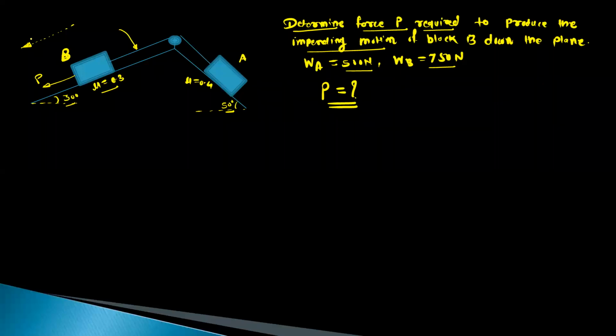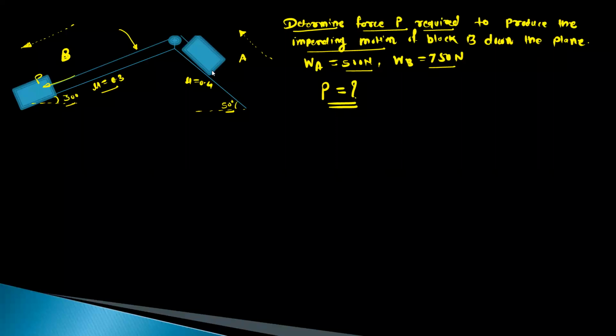If you want to produce this impending motion for the block B, then the impending motion for the block A will be in the upward direction along the plane. You can observe here, if the blocks start moving, then this is the motion. This is a complete dynamic state, but we have to find the force P only for the impending motion.